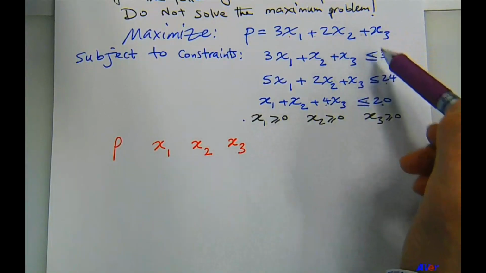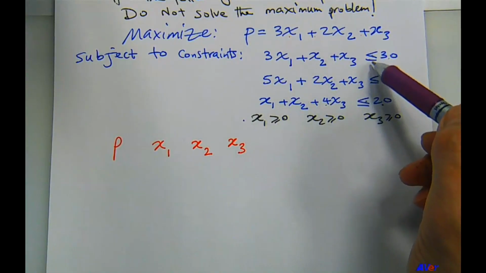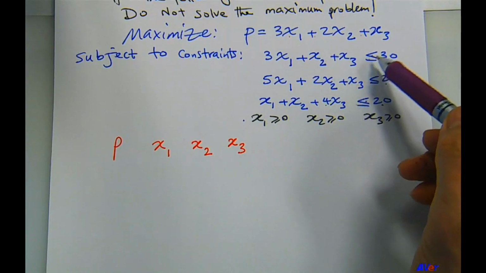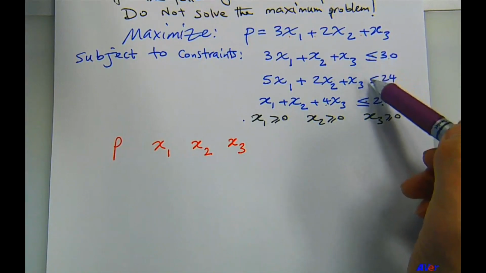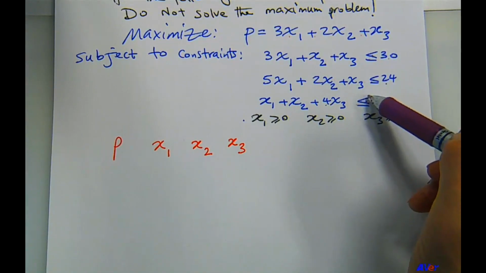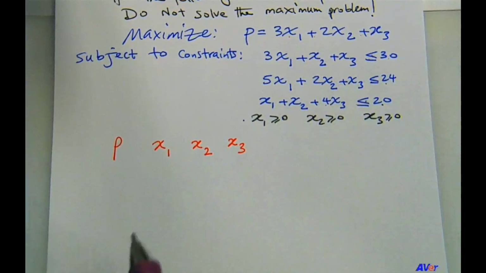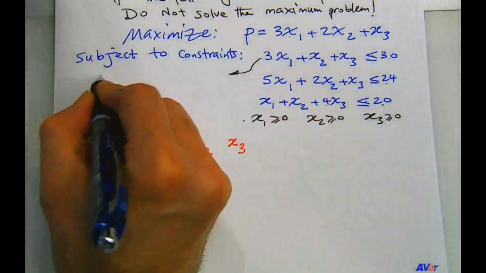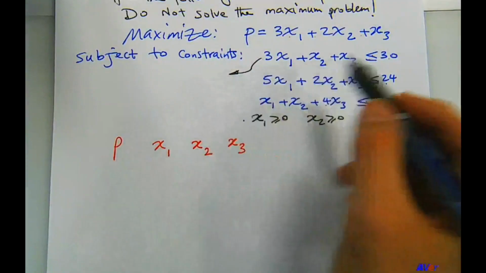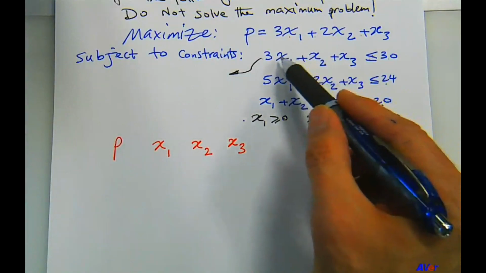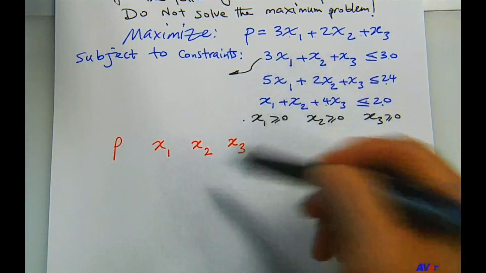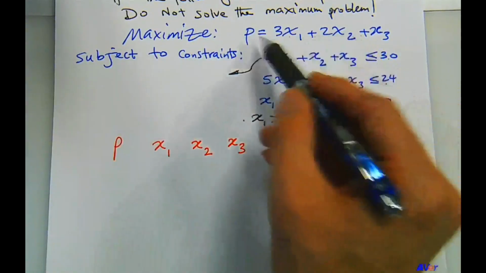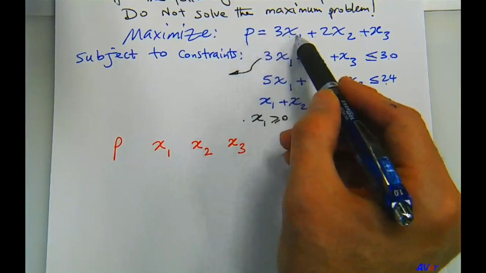We have three constraint inequalities. We need one slack variable to convert each of these to an equality. For here, we need to convert this inequality to equality. Otherwise, we won't be able to use these coefficients in our matrix. We don't need to do that for the objective function, of course, because it's already an equality.